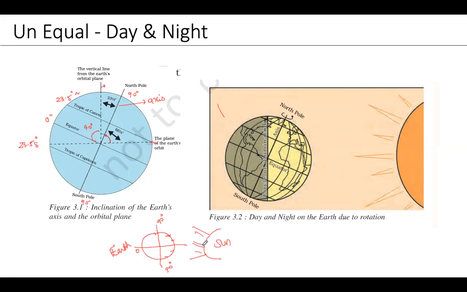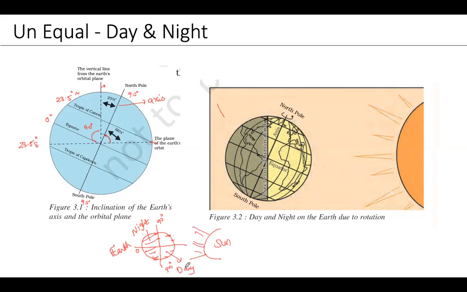When the sun is falling on this equator and the earth is rotating on this axis and is not tilted, it will have exactly equal amounts of day and night. Because when the sun rays are falling here, this part will be fully night, they don't receive any sun, so this part will be night and this part will be daytime.